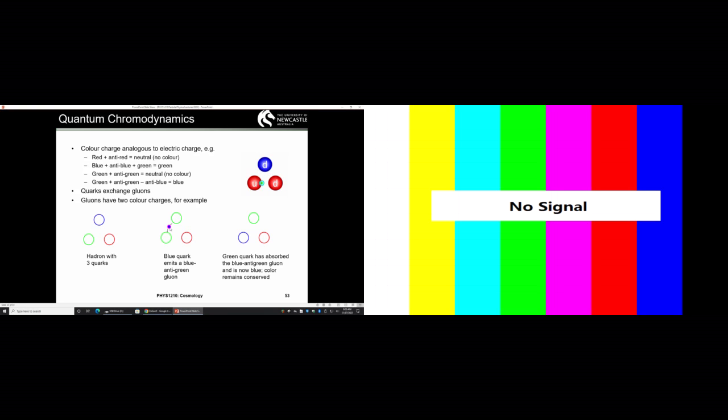The blue emits a gluon that has a color of blue, anti-green. The anti-green cancels the green, and then the blue makes this one blue, and finally we're still left with red, green, blue. This all gets kind of nasty, complicated, and a bit mind-bending. Again, we're not trying to get into the details of how all this works, but just to get a general picture of these gluons being the particles that hold everything together in the nucleus.